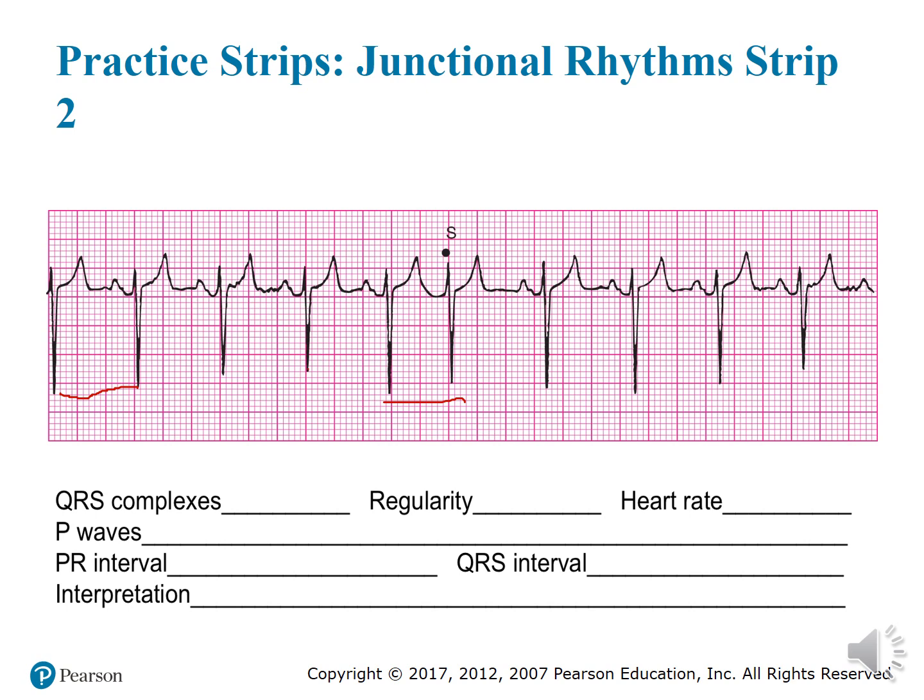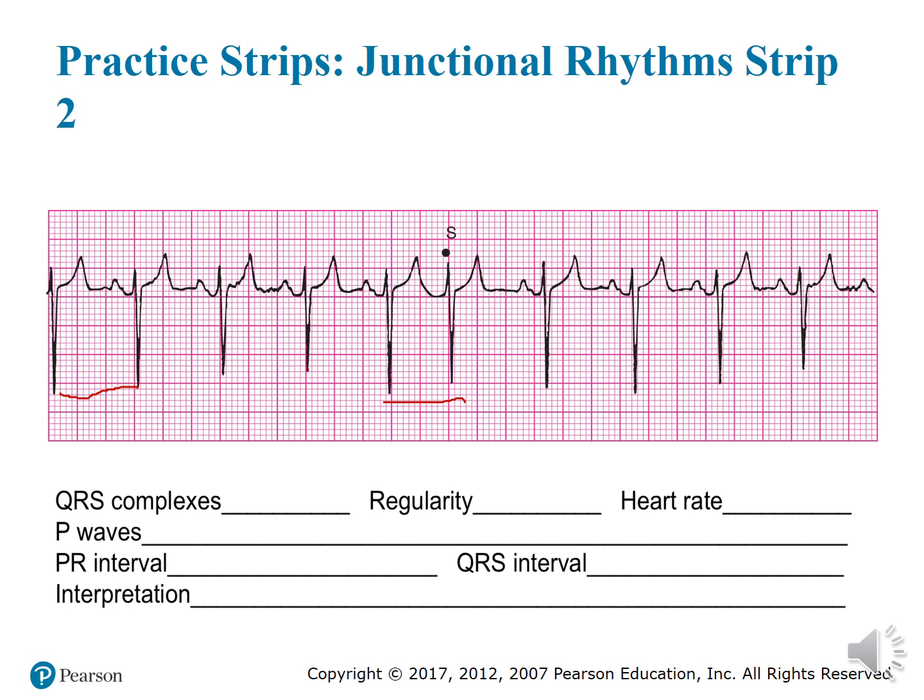Our PR interval, remember, goes from the beginning of P to the beginning of Q, but we don't necessarily have a Q. We have an understood Q, so it'll go right into your R wave. So if we go from the beginning of P to the beginning of R, we have 1, 2, 3, 4 little blocks.